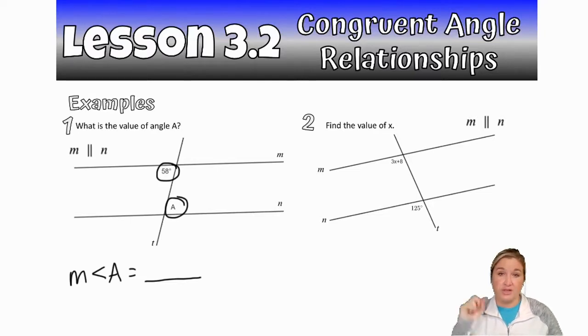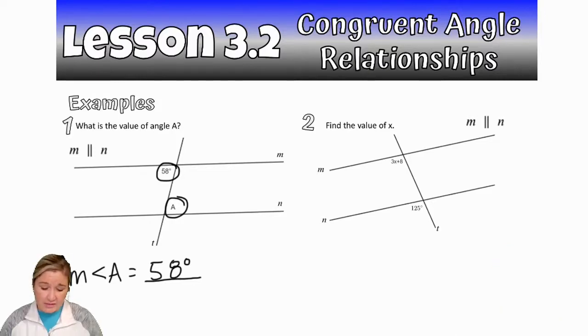They are alternate because they're on both sides. One is on one side of the transversal and the other one's on the other. And then they are interior angles. So alternate interior angles, they are equal. So the measurement of angle A is going to be the same as the other one labeled. So this is going to be 58 degrees. So pretty straightforward. And for the most part, I'm just going to tell you this: if it looks like it's congruent, we have parallel lines cut by a transversal, most of the time it is. So keep that in mind as you work through these.